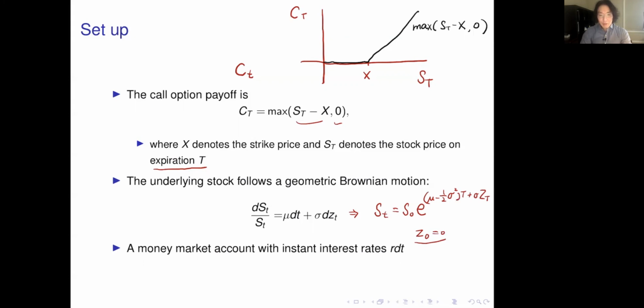And we also assume that there's a money market account with an instantaneous interest rate R dt. In other words, this R is the instantaneous risk-free rate.